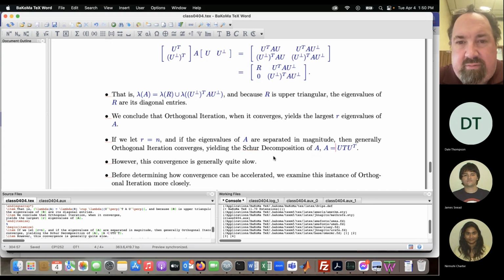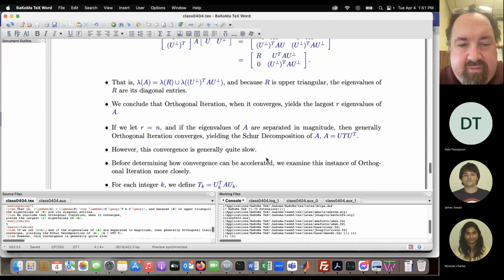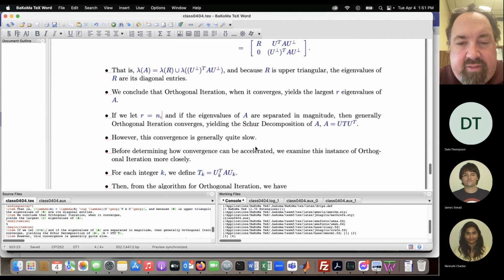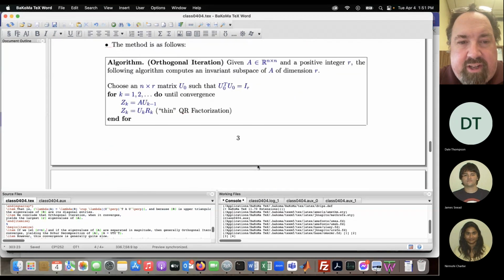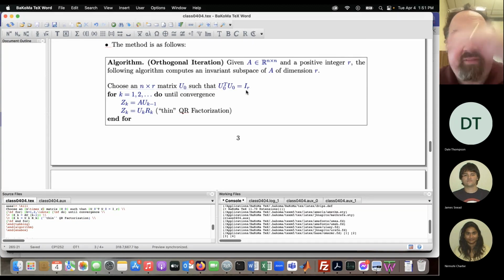But for now, we're going to take a closer look at what's happening when we use orthogonal iteration in the case of r equal to n. So when I'm carrying out the orthogonal iteration algorithm, but with r equal to n, our initial matrix is an n by n matrix. For instance, we could just choose identity.